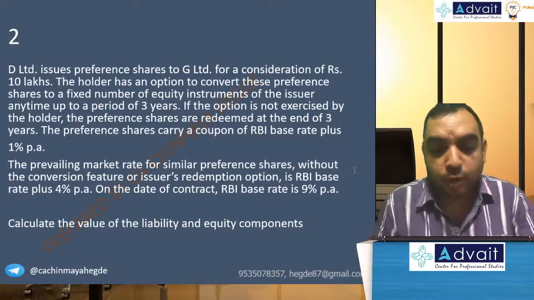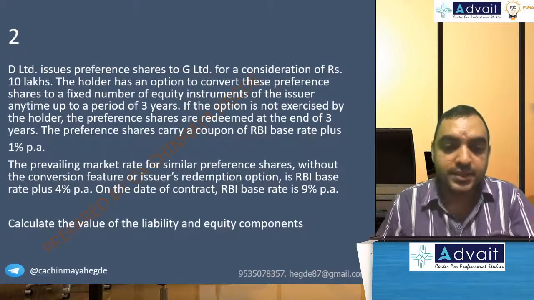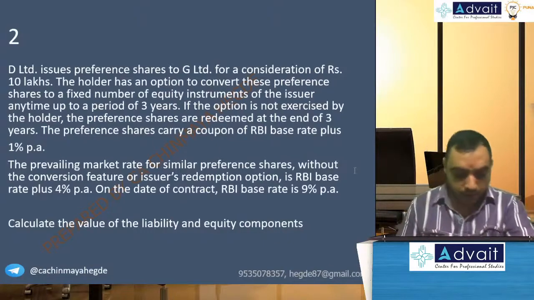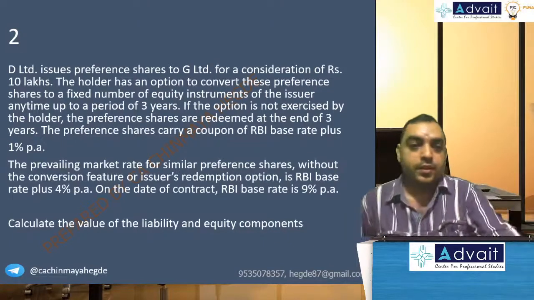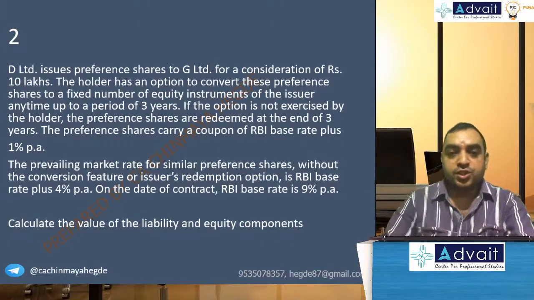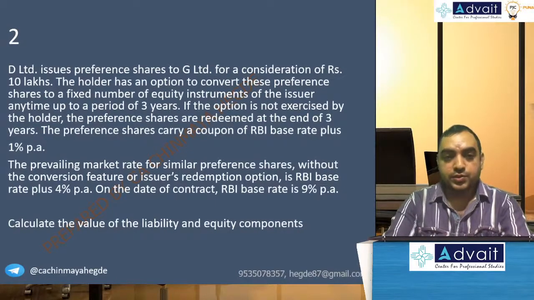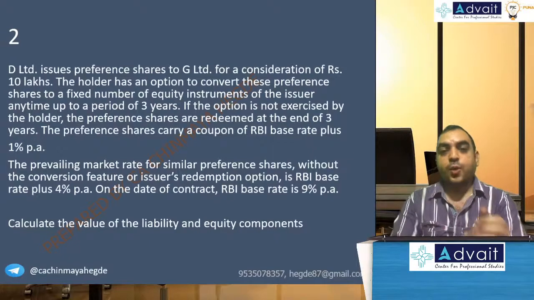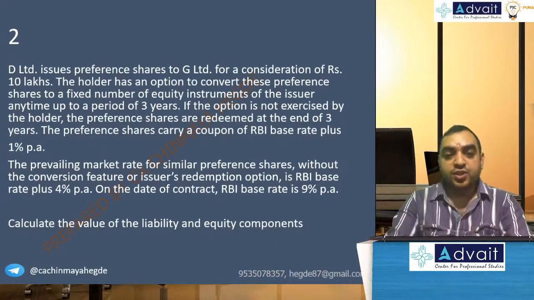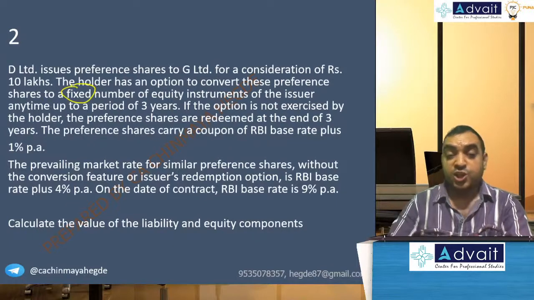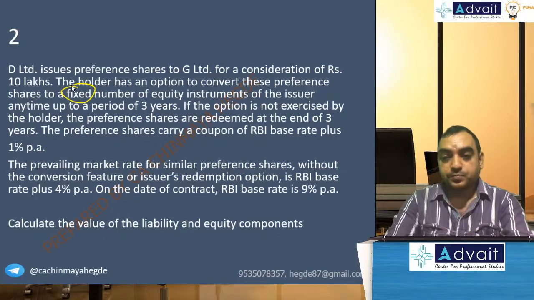Okay, let's go for the problem now. Please read. This is again a question from the recent MTP. D Limited issues preference shares to G Limited for a consideration of 10 lakhs. The holder has an option to convert these preference shares to a fixed number of equity instruments, anytime up to a period of 3 years.